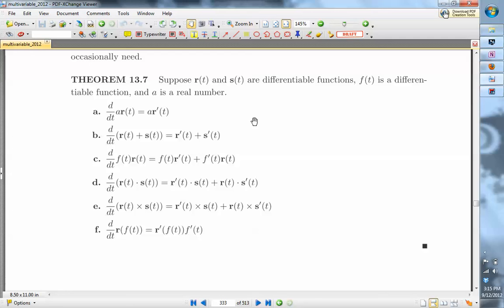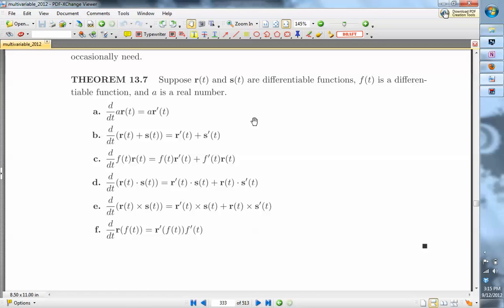Without giving me a proof, in words, can you give me an intuitive feeling for why this might be true? How do you differentiate a vector-valued function? What are the mechanics? Each of the components. Each of the components.